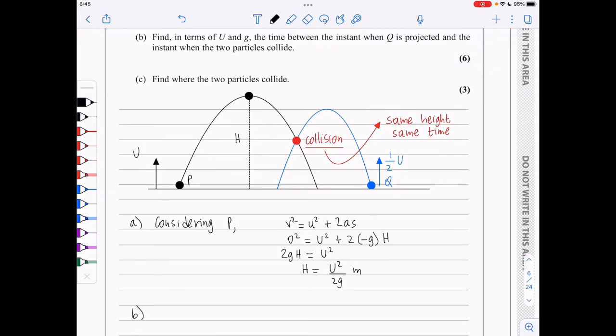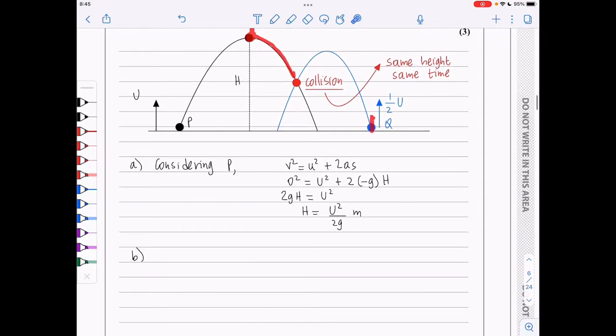In B, we need to find the time between the instant when Q is projected and the instant when the two particles collide. I could actually concentrate from the moment that P reaches the maximum and starts its descent, because this is exactly the moment that Q is projected, so the time is compatible.